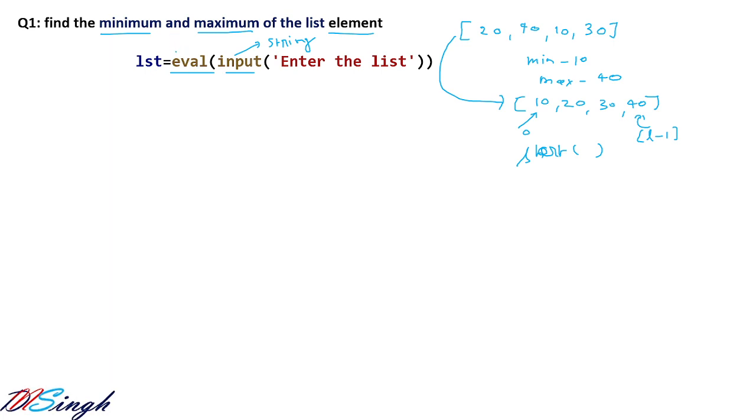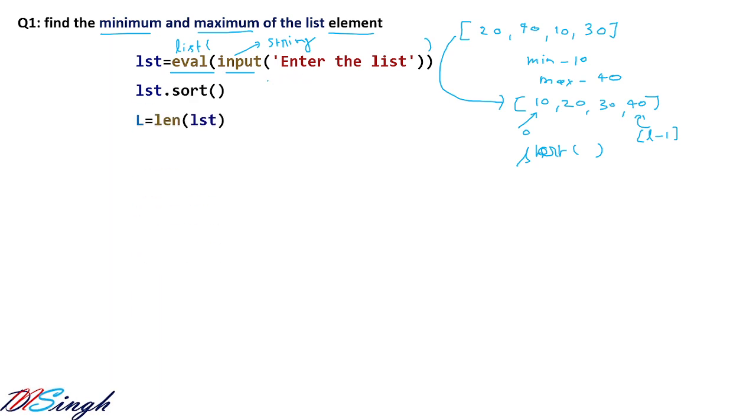You can also utilize the list constructor, list, and inside that list constructor you will write the input function. Now write the next statement. We are eager to know the length of the list because we want the last index, so we are going to read the length.